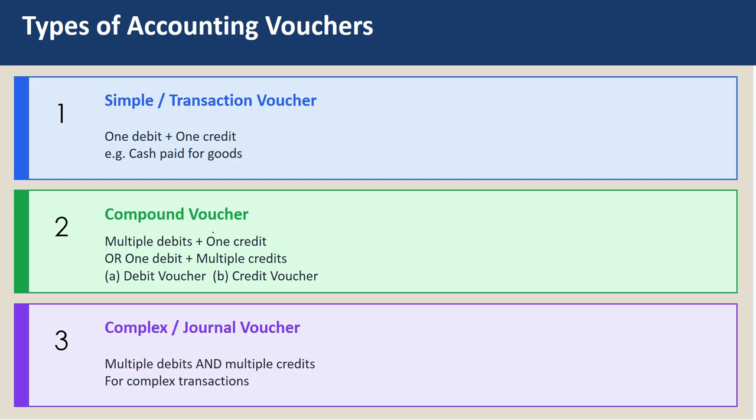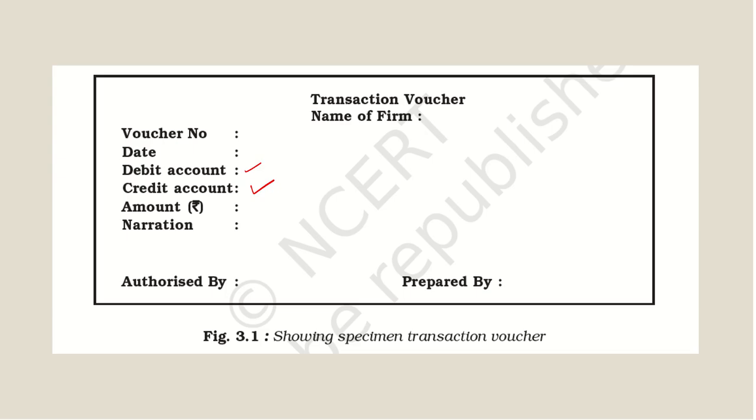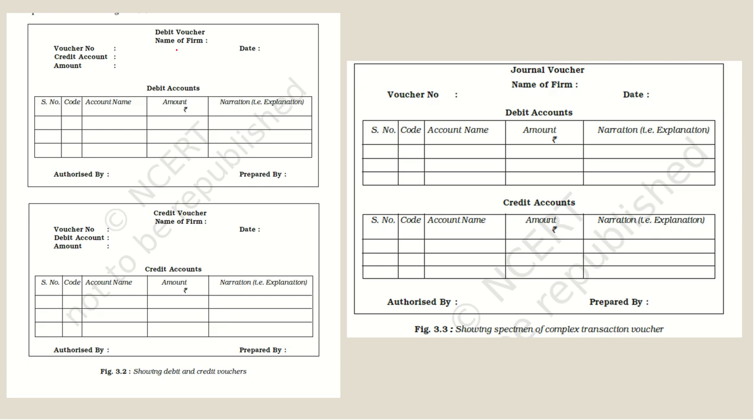Then there is something called a compound voucher. A compound voucher is a voucher where one debit transaction and multiple credit transactions are entered. Otherwise, one credit transaction and multiple debit transactions are entered. If you see the specimen here, this is a compound voucher.